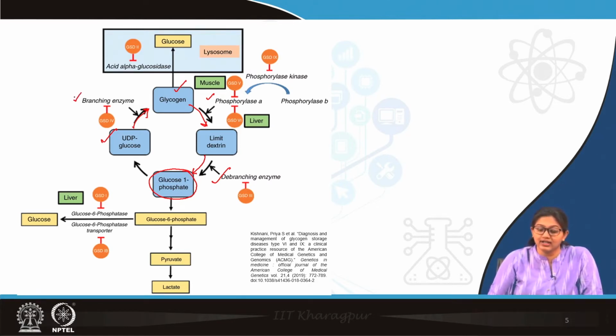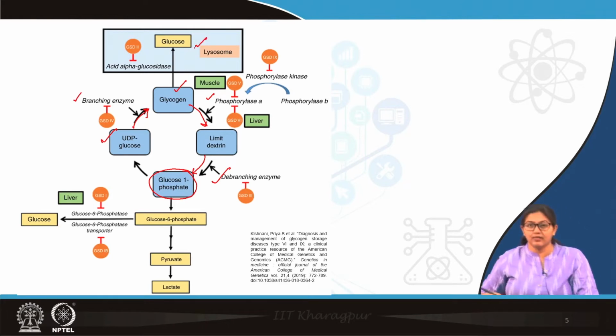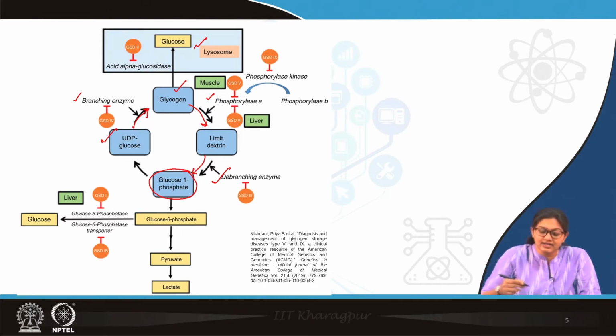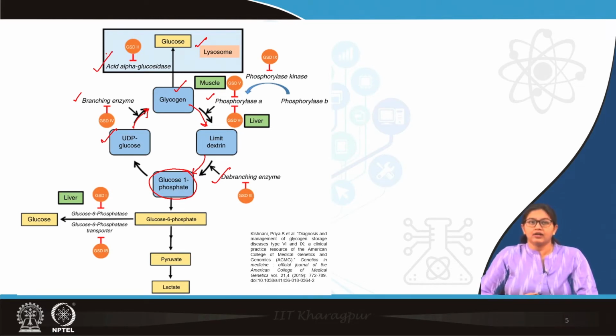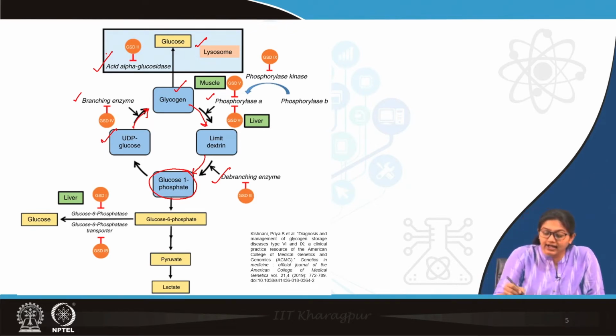Then again, glycogen inside the lysosome: breakdown of glycogen occurs in different locations of the cell, but in the lysosome the degrading enzyme is acid alpha glucosidase, or sometimes we call it acid maltase as well. Now, again there is another enzyme, if you remember, which activates phosphorylase, that is phosphorylase kinase. So, a defect can be there as well.